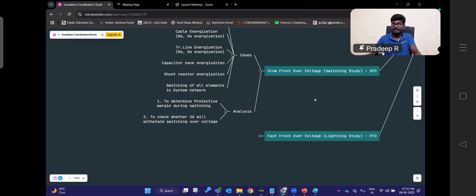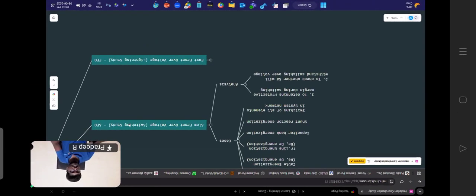Selecting 1.9 or 2 is also permissible, but from a commercial point of view it is not acceptable, since higher rating arrestors will cost much more than the nominal range. So this is about SFO. Are there any clarifications up to now, on TOV and SFO?